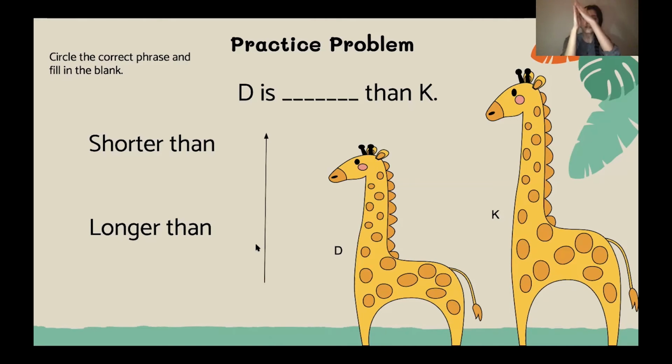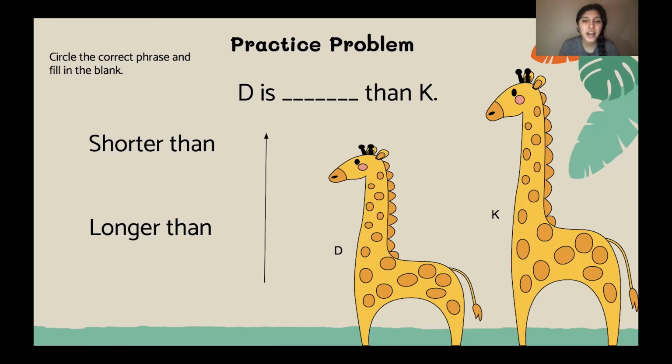We're not doing side to side, okay? So go ahead, measure these giraffes. Pause it so you can measure them and then fill in the blank. Write it down on your piece of paper, and when you're ready, hit unpause so that we can compare our answers, okay?